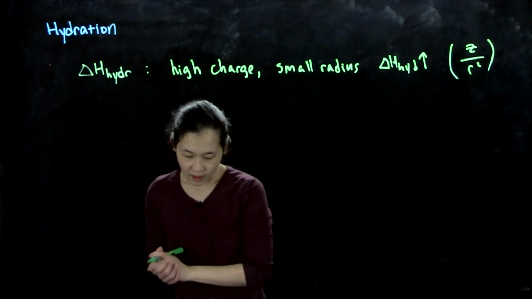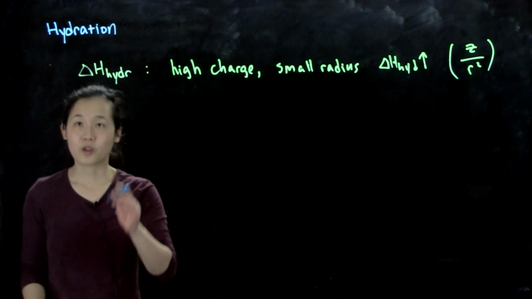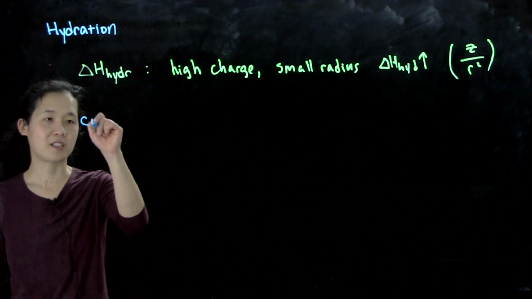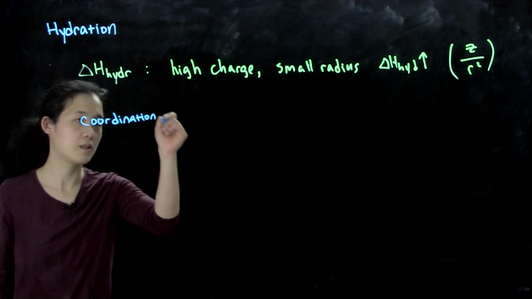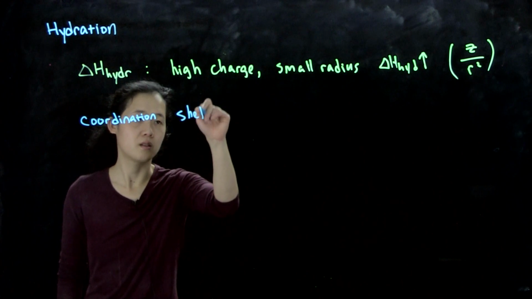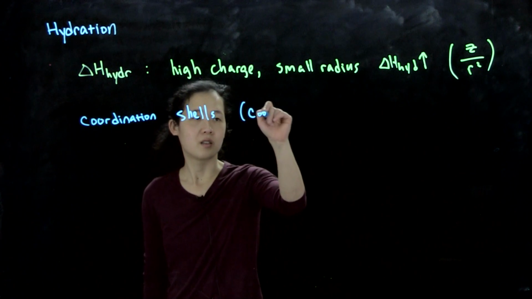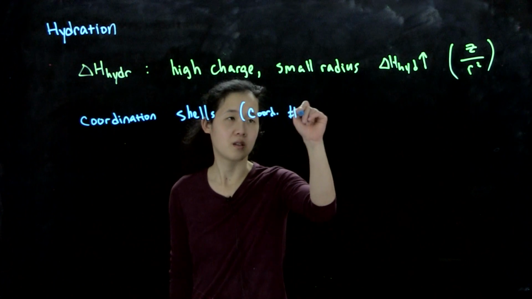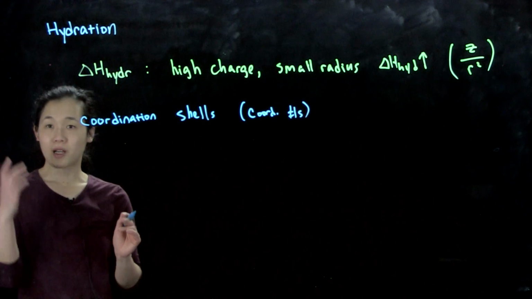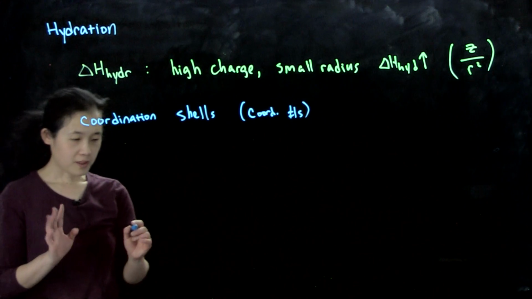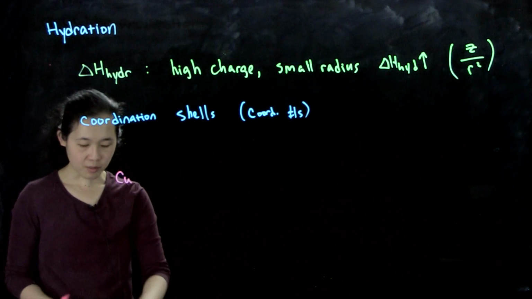And the reason for this is because we have our coordination shells, or hydration shells, and also coordination numbers. When I say coordination number, I mean how many things are bound to the metal center. So for example, if we have a copper 2+ ion, here's copper.